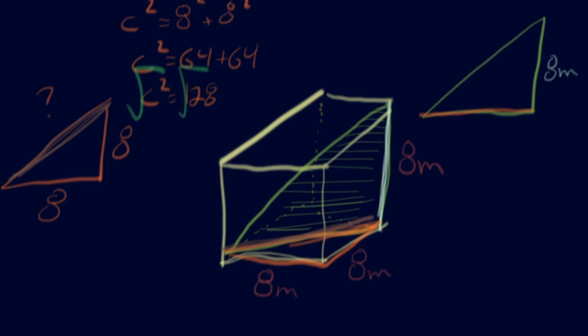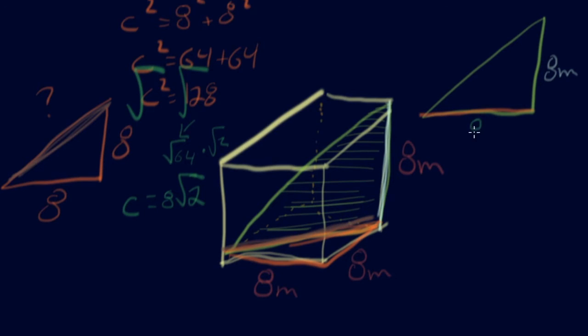And the square root of 128, I think we're going to do 64 times 2. Is that what we end up doing? I think so. 64 times 2, like that. So that would be 8 root 2. So c is equal to 8 root 2. Okay. So now we know that this diagonal is 8 root 2.